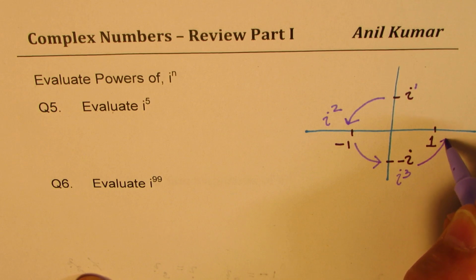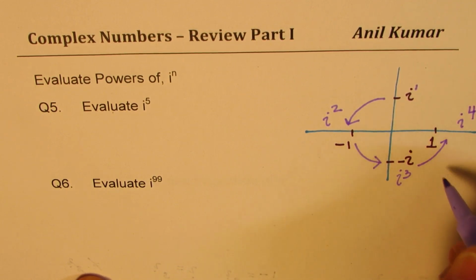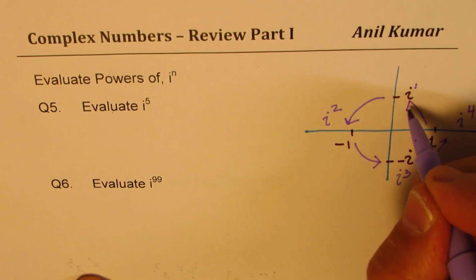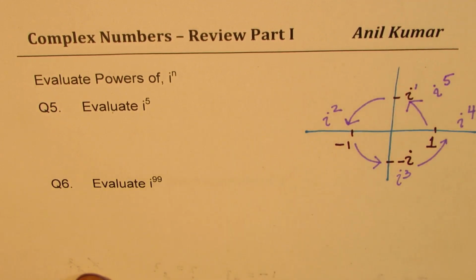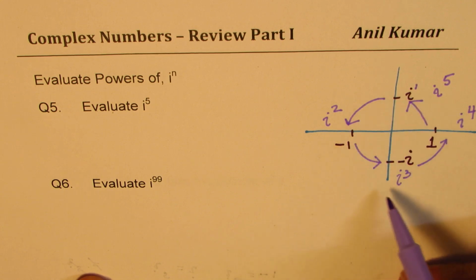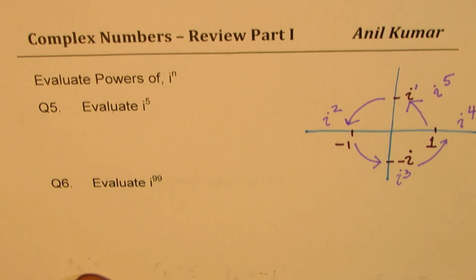And then I get i to the power of 4, which is 1, right? And then I get i to the power of 5, which is i itself. And this cycle repeats. Do you see that? So from this particular cycle, we can easily find the powers of i. Does it make sense to you? Right? So that is how we could do it.